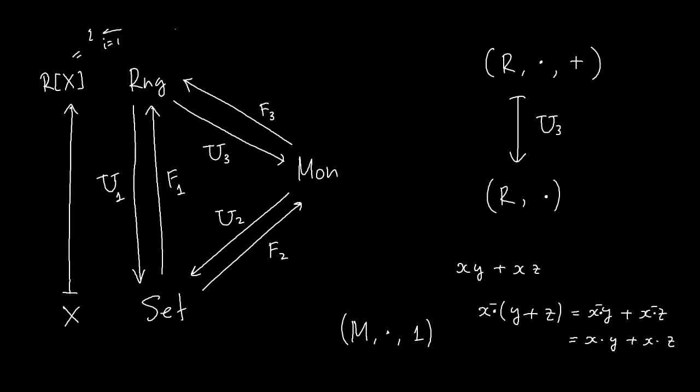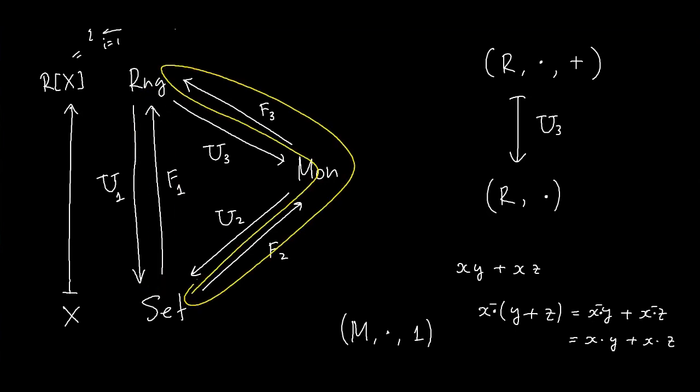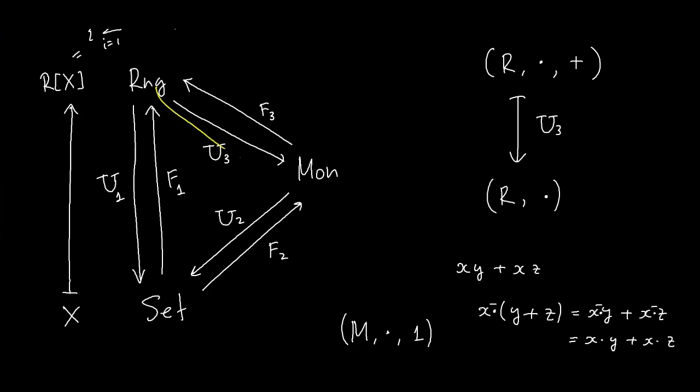And then it turns out that because this underlying set functor is a composite of these two, also the free functor will be a composite of these two. That's actually a general theorem, that if you have two right adjoints, you take their left adjoints, you compose them, that composite will be a left adjoint of the composite of right adjoints.